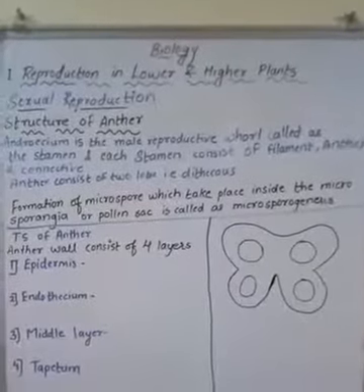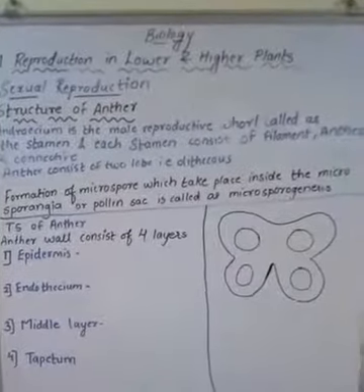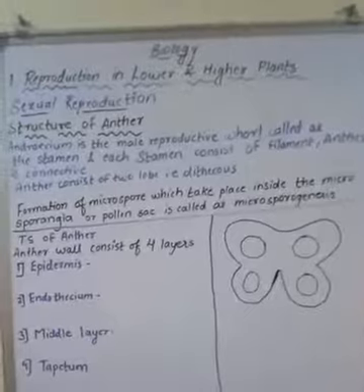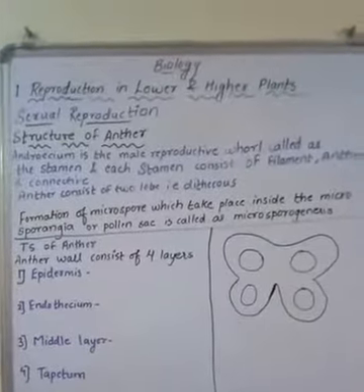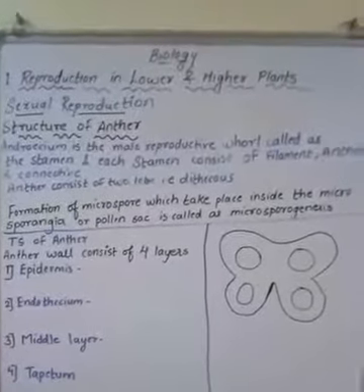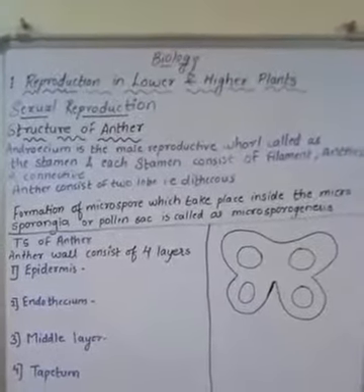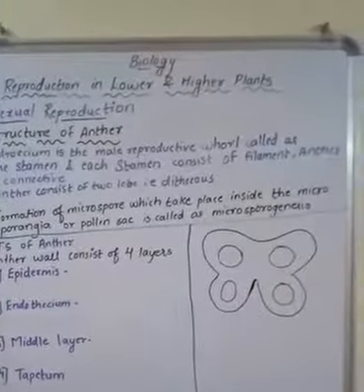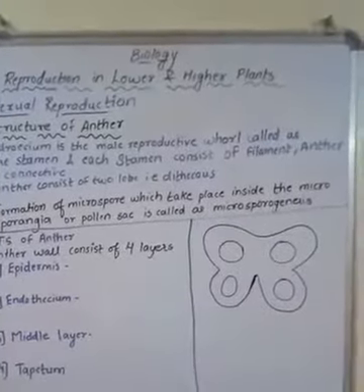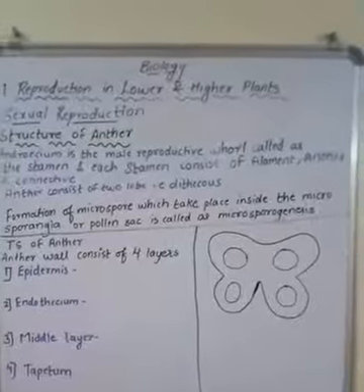As we know, the androecium is the male reproductive part of the plant and the gynoecium is the female reproductive part. Clear? So in the androecium the male reproductive unit is the stamen. The stamen consists of three parts: anther, filament, and connective.